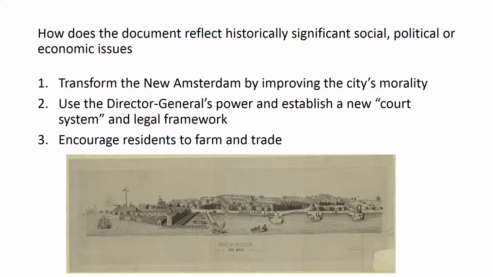Also, they're desperately trying to encourage the residents who are there to farm and trade, but also by improving the morality, improving the conditions in the city. They're trying to make New Amsterdam a more palatable place, a place that people would want to go to and live permanently, bring their family.